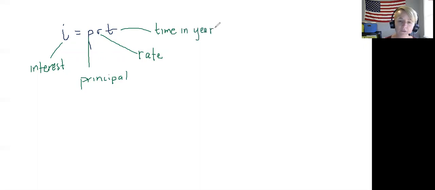And if you're unfamiliar with it, simple interest is basically the amount of money that you pay someone to let you borrow money. So for example, if you needed to borrow $1 today, and you said, hey Gina, let me borrow $1. And I said, sure, but I'm going to charge you some interest. Then when you paid me back the $1, you would need to pay me back my $1 plus the value of the interest.